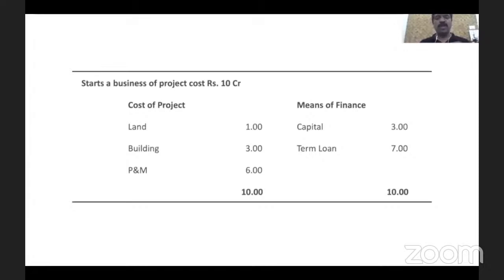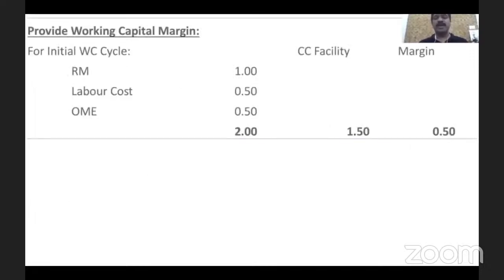Our banking system has recognized this difficulty. That's why our banking system is ready to consider this 50 lakh, basically the margin which the borrower should bring in for meeting the working capital facility, also as cost of the project. So already we have seen the cost of project as 10 crore, right?